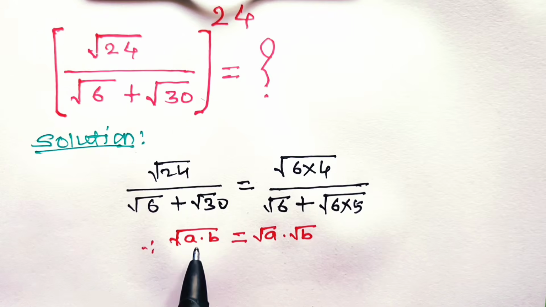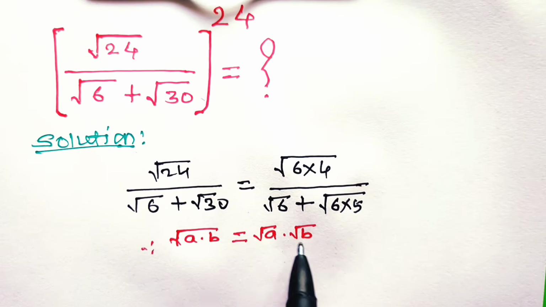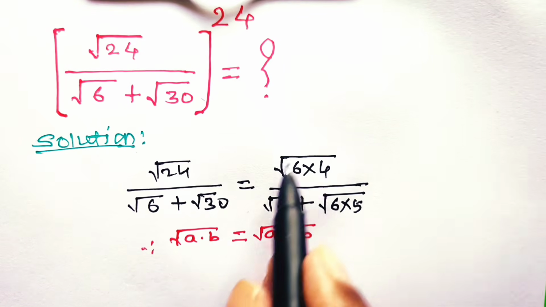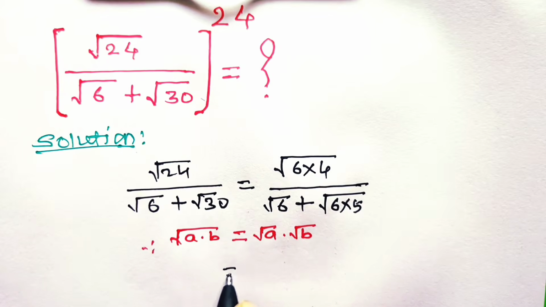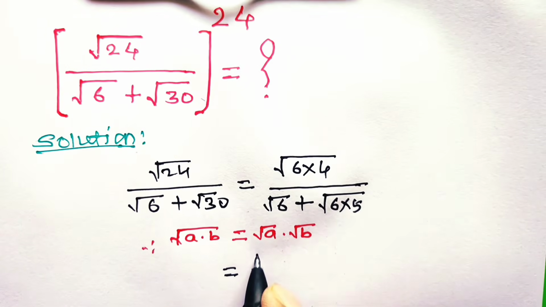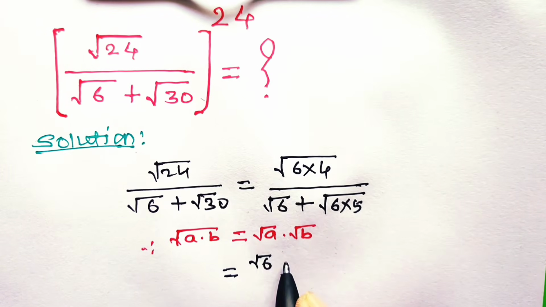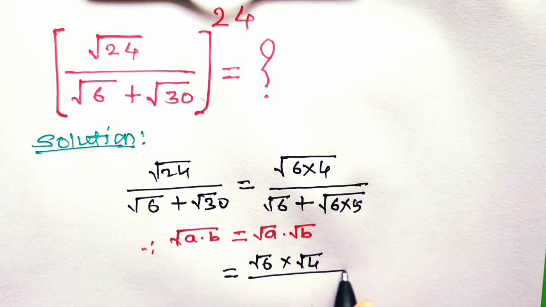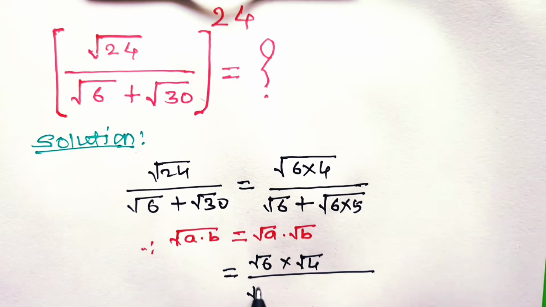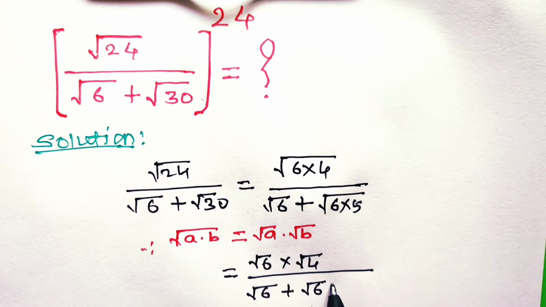But we know square root of a into b is equal to square root of a into square root of b. So the right hand side becomes square root of 6 into square root of 4 divided by square root of 6 plus square root of 6 into square root of 5.